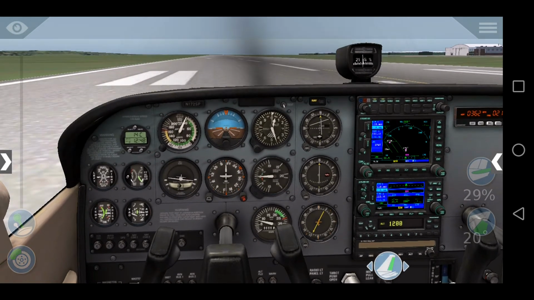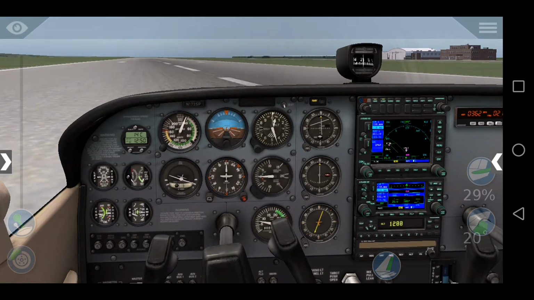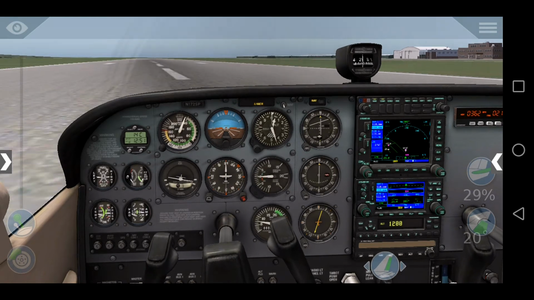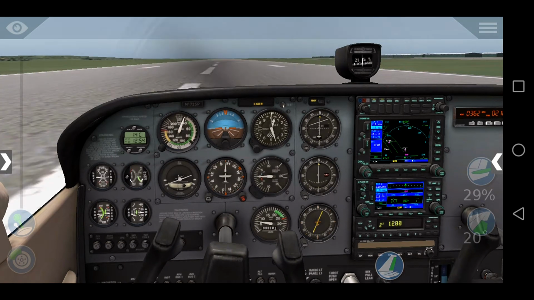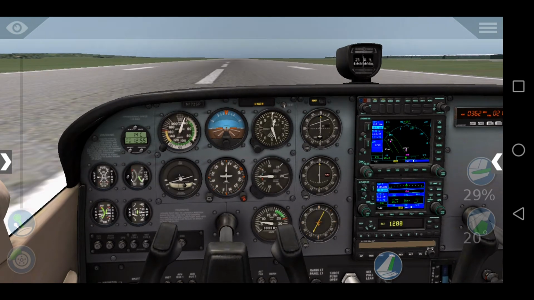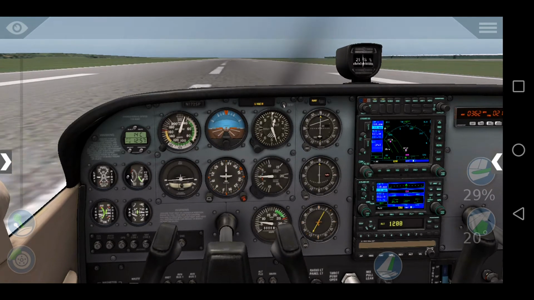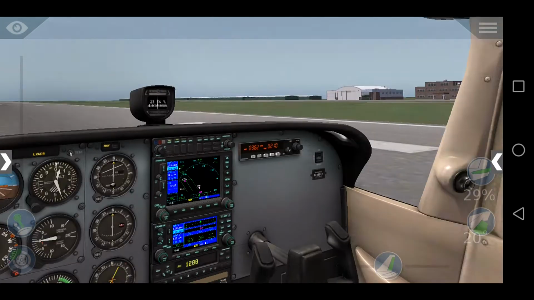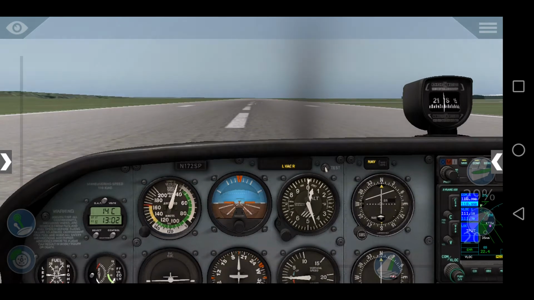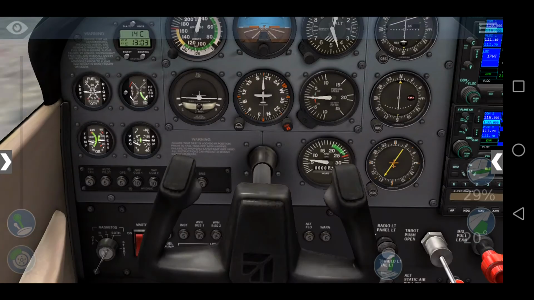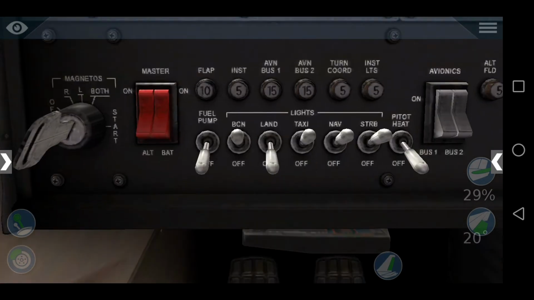Alright, brakes release and taxiing. Gotta find the next taxiway up ahead and we're going to taxi there. Alright, there we go. Okay, so at this moment I'm just going to turn off my landing lights. Taxi lights can come on.